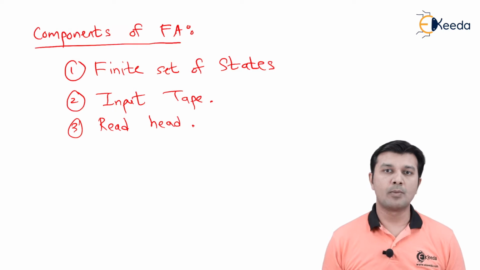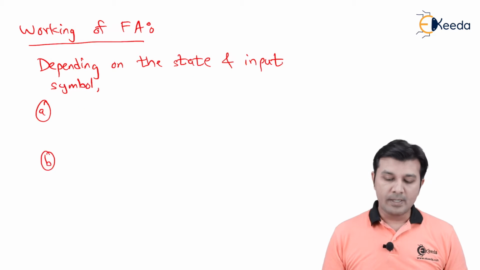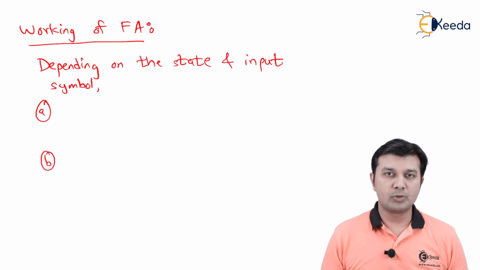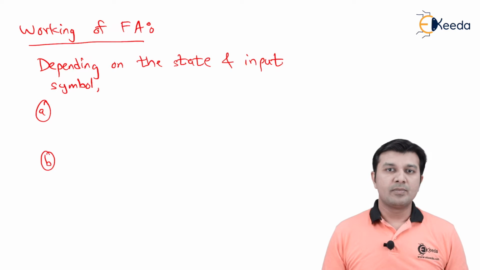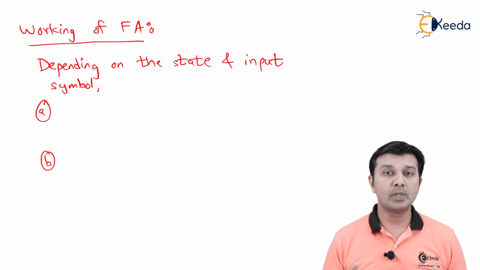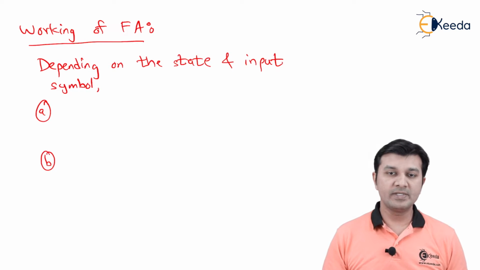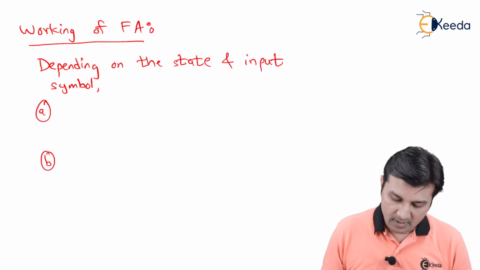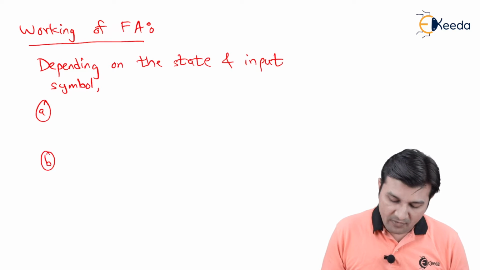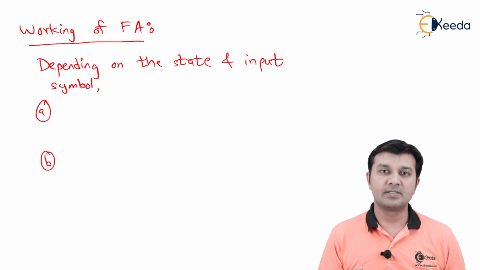Now having understood the components, let's jump to the working. Depending upon the state and the input symbol, every time for every finite state machine we have one state and one input symbol, and depending on that it is going to behave. So I say the finite automata is also going to react exactly in the same manner. So here we see in the working, depending on the state and the input symbol, my finite automata can either change the state or remain in the same state.